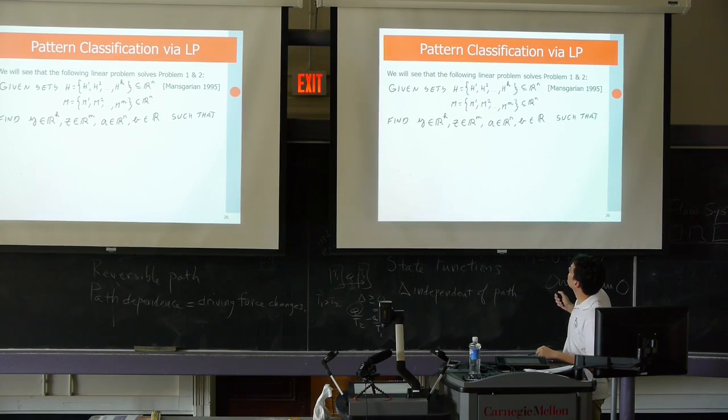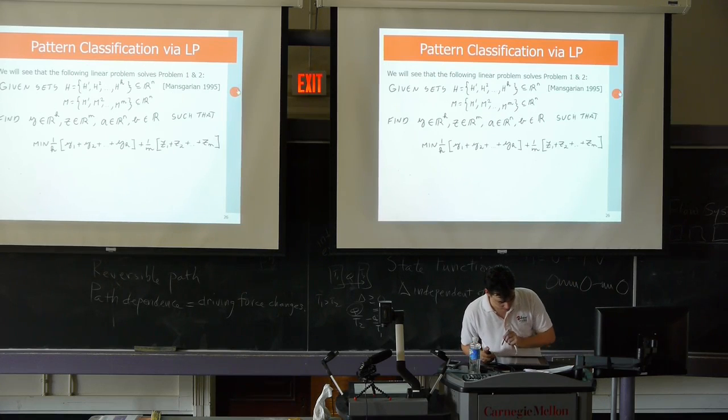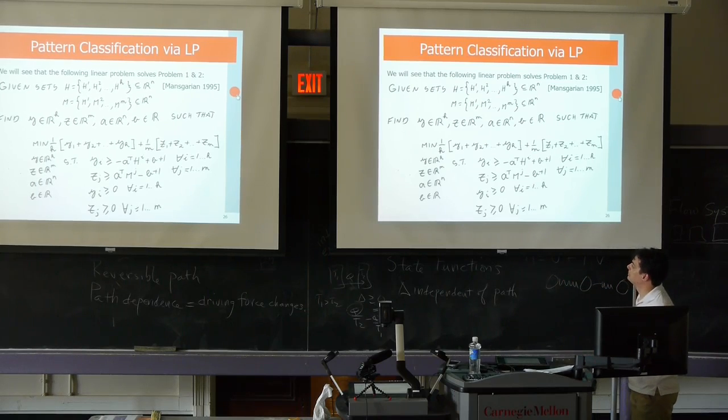For each point here, we have z_j. Remember, we want to find A and B such that these are the constraints. So it looks a bit complicated, but actually it's very simple.